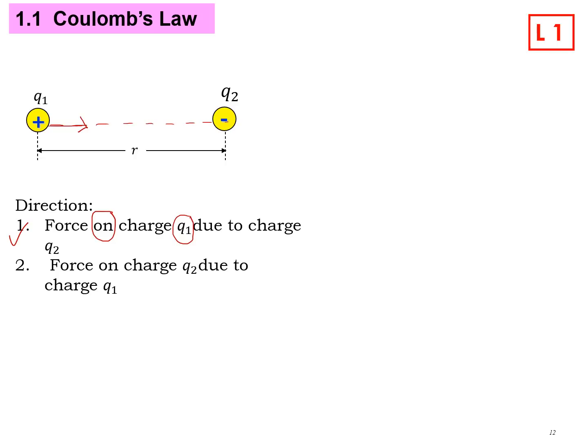How about the labeling? Electrostatic force is represented by capital F. So I will label it here as F1,2. The 1,2 here means force on charge 1 due to charge 2.